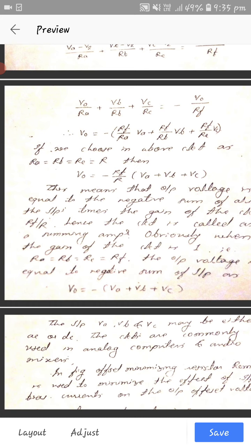That means the output voltage V0 is equal to minus in bracket VA plus VB plus VC.